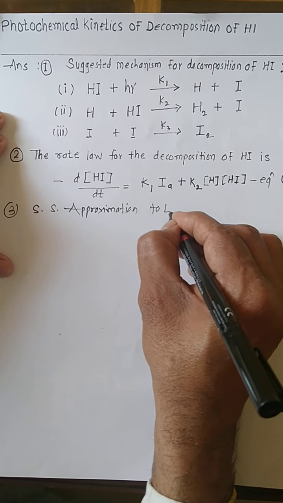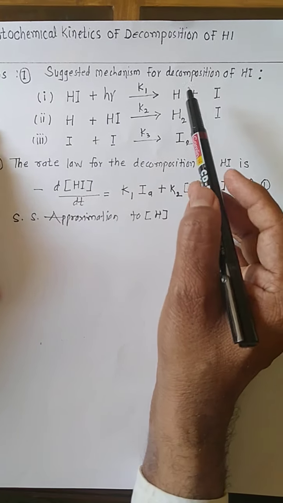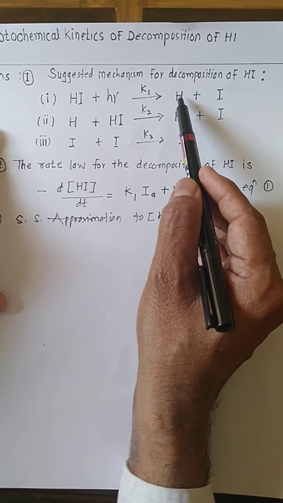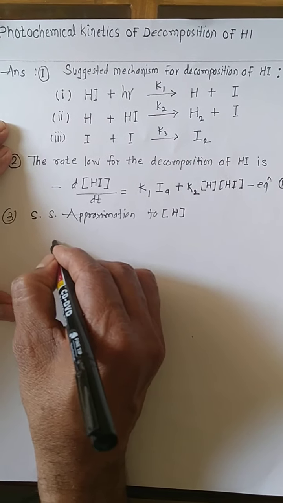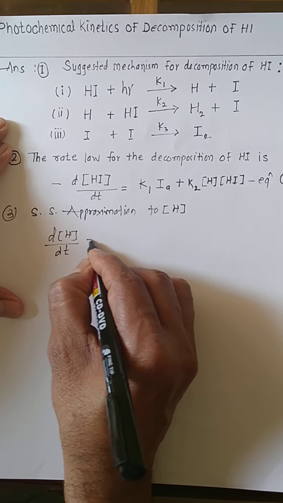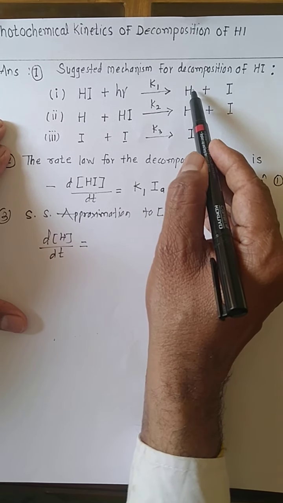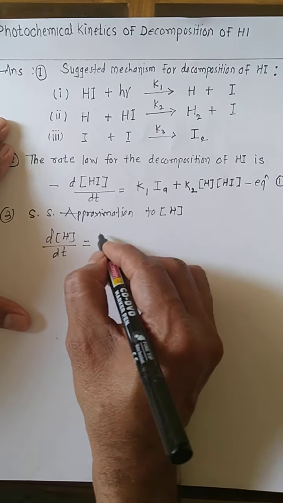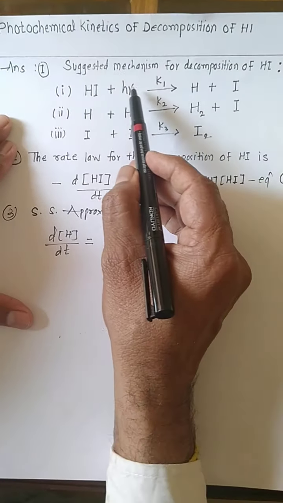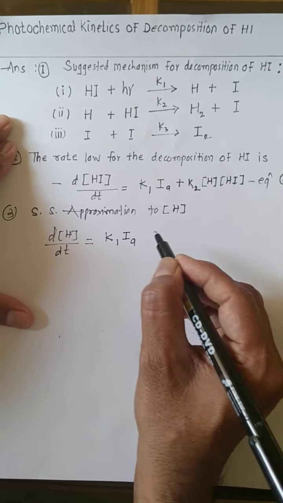to the concentration of H. Here the formation of H takes place. Then you have to write d[H]/dt, which is equal to the formation in the product, so you write plus K1 IA, K1 intensity absorbed.